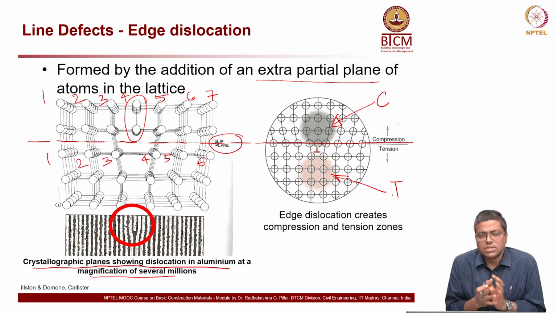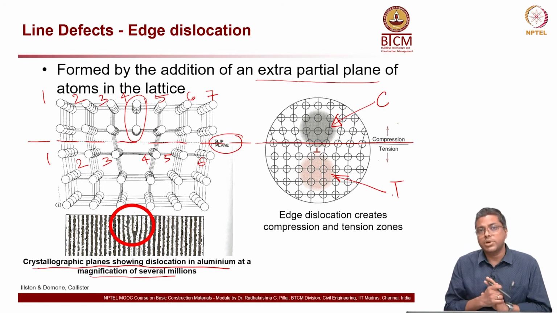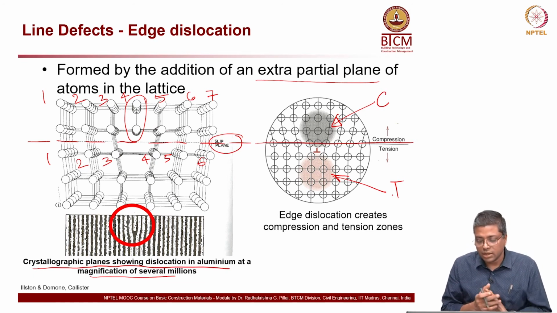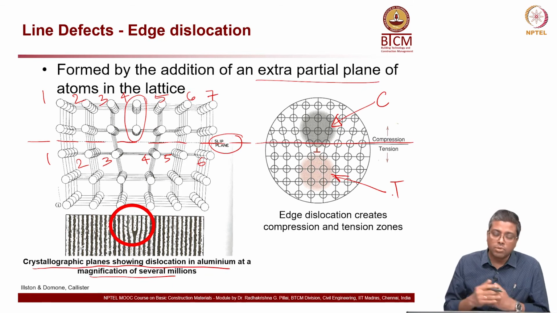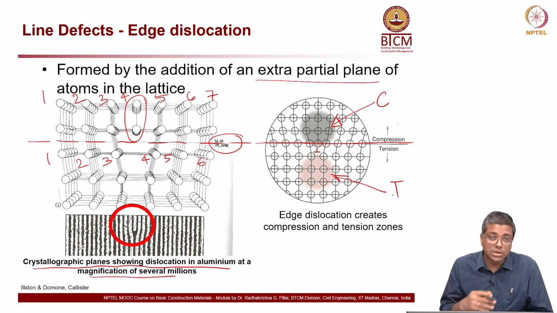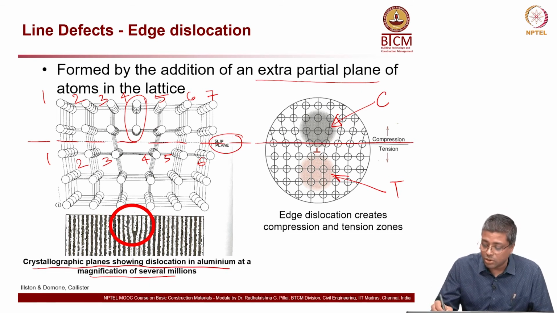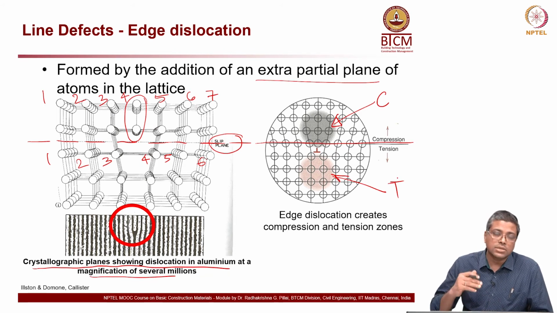So, there is a congestion there, which means there will be a compression force in that area, whereas below the slip plane you will have either tension or no major effect. Essentially, there is a stress variation above and below the slip plane.